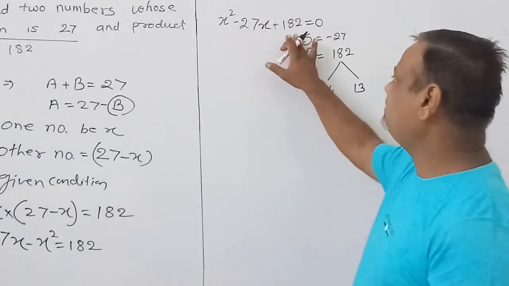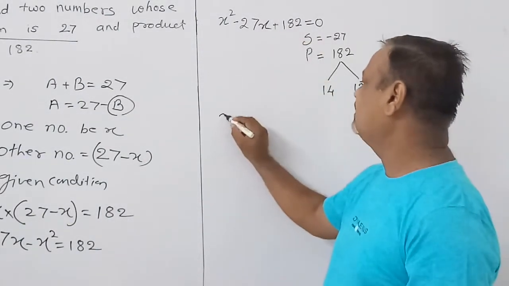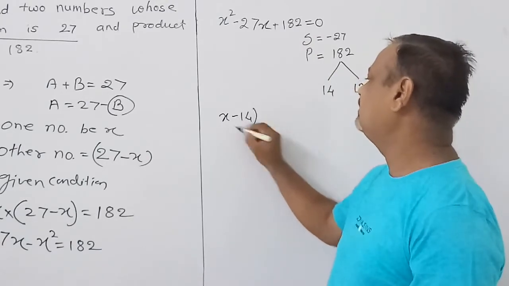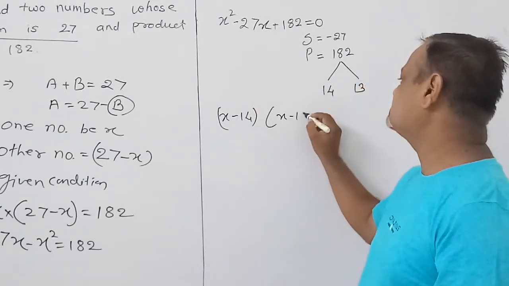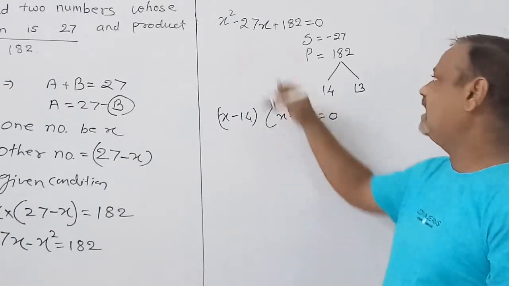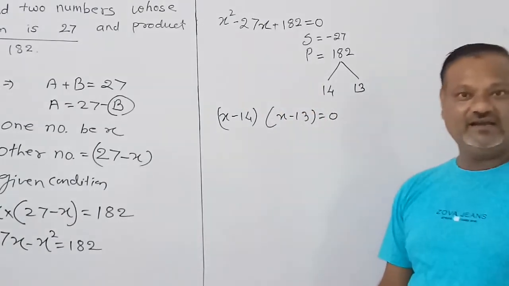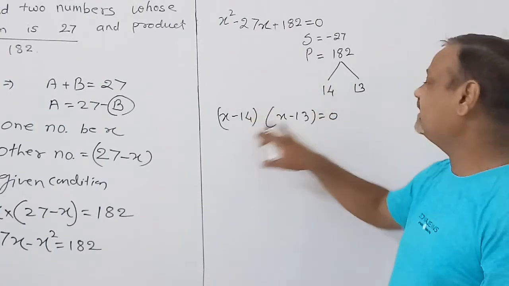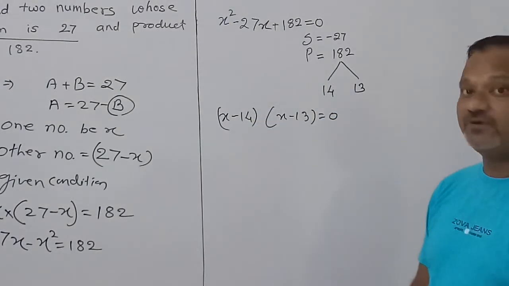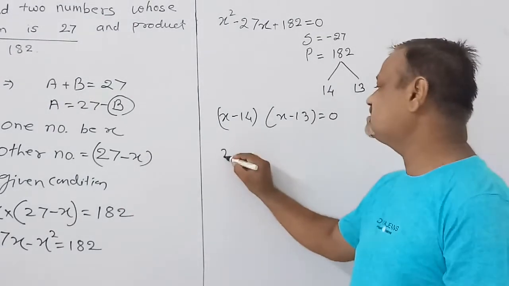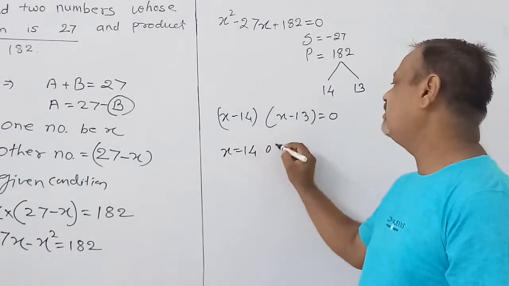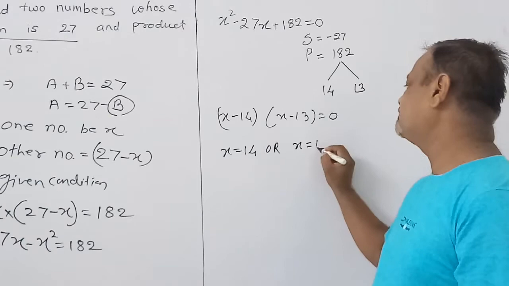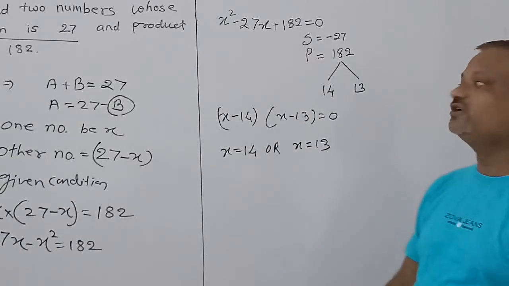Therefore the factors of this quadratic equation are (x minus 14) and (x minus 13) is equal to 0. Here I have done it directly, you should not do it directly, you have to go method-wise. I knew it, therefore I did it directly here, you have to go method-wise. Okay, so x is equal to plus 14 or x is equal to plus 13. So these are the two values.